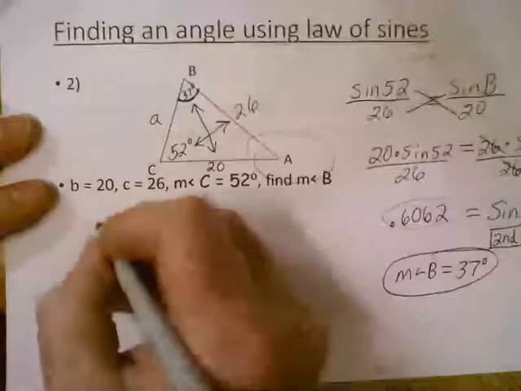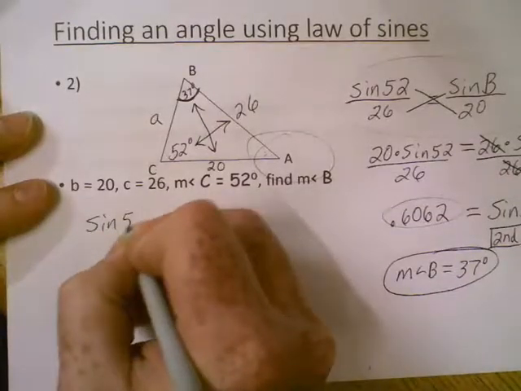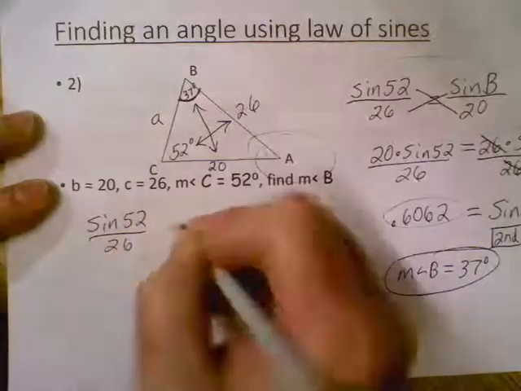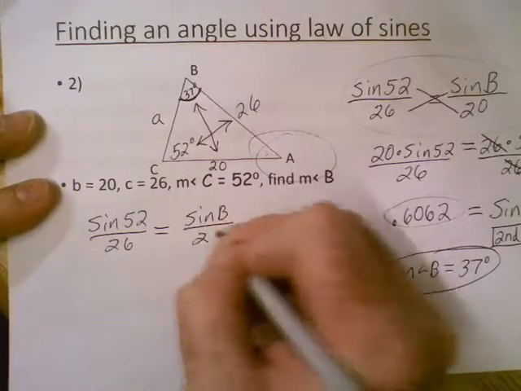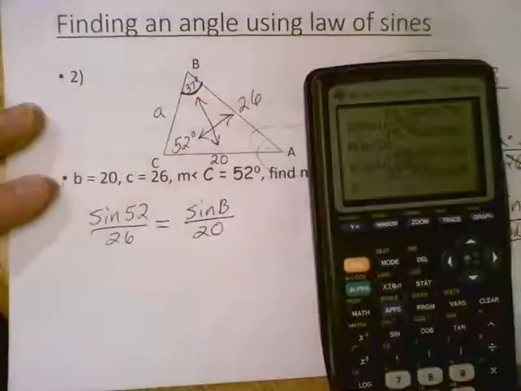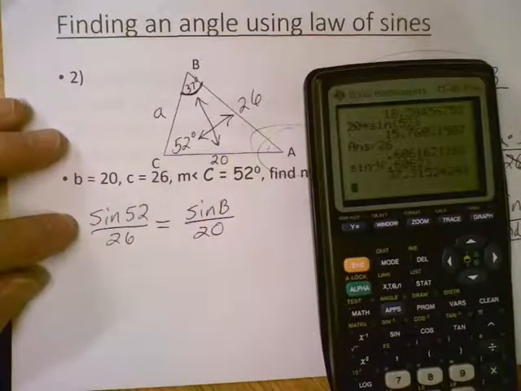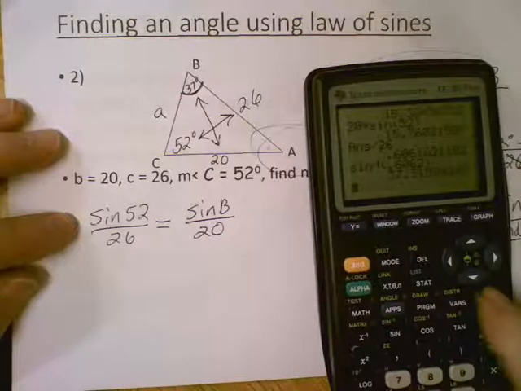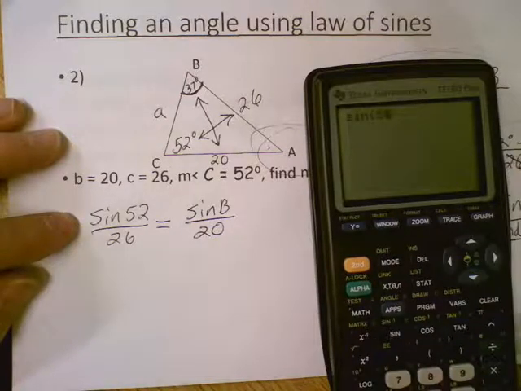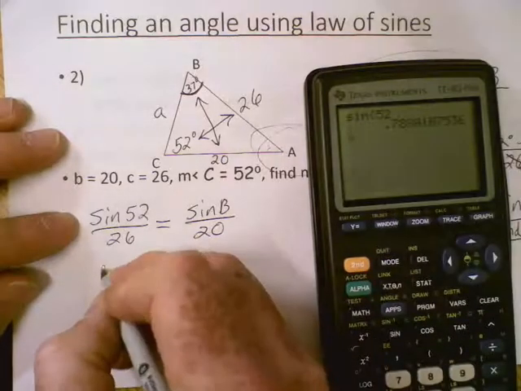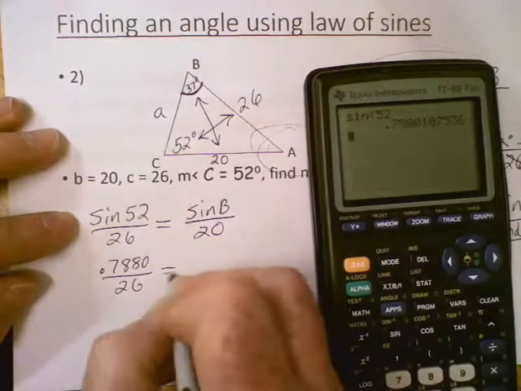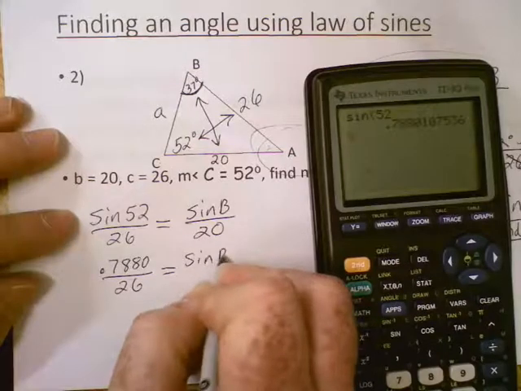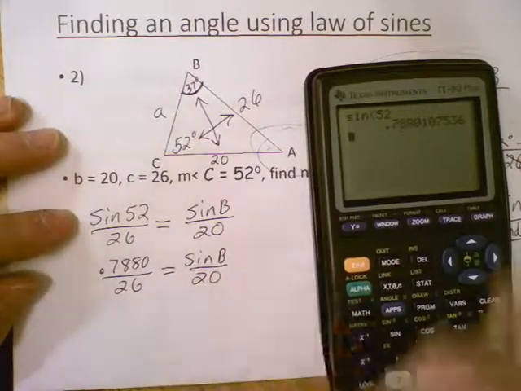If I do it the other way, sine 52 over 26 equals sine of B over 20. If I just grab my calculator and I do sine, let's clear some of this. Sine 52 gives me 0.7880 over 26 equals sine B over 20.